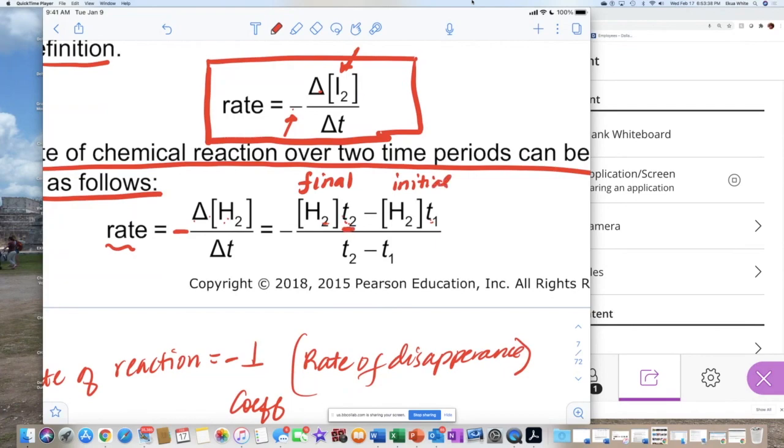So T2 is when the time of the reaction is over, when the reaction has ended, or whatever you decided the stopping point, versus the starting point. So T1 is the start of the reaction, and then T2 is the end of the reaction. So the end minus the beginning gives you that difference, right?